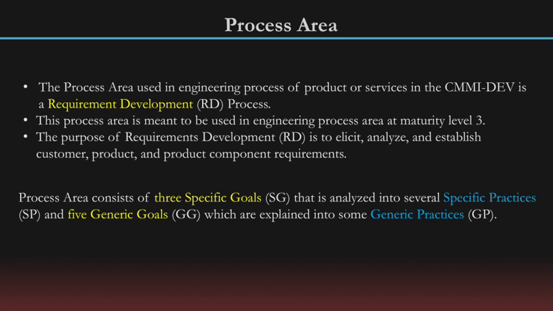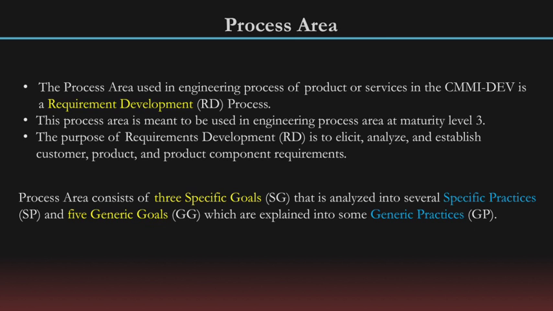So we talk more about process area. The process area used in the engineering process of a product or services in CMMI development is the requirements development process, RD. This process area is meant to be used in the engineering process area at maturity level 3.